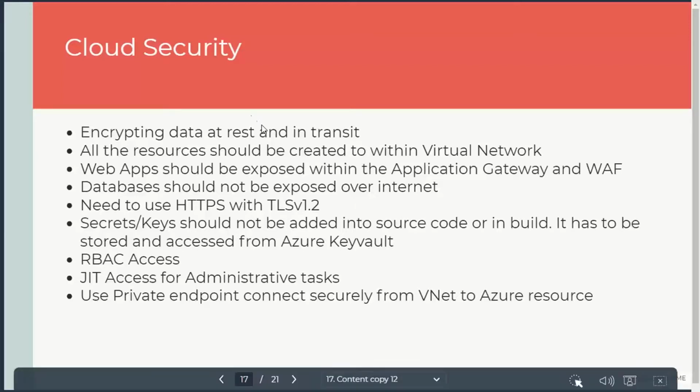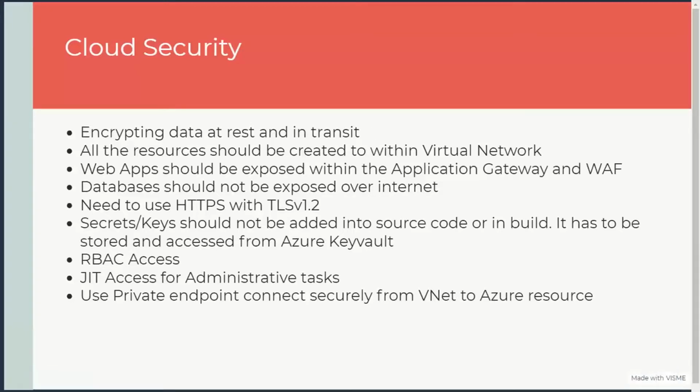Then encryption in transit. For example, the SQL server is deployed in some other location, and you are accessing the SQL database from your local machine through the SSMS client.